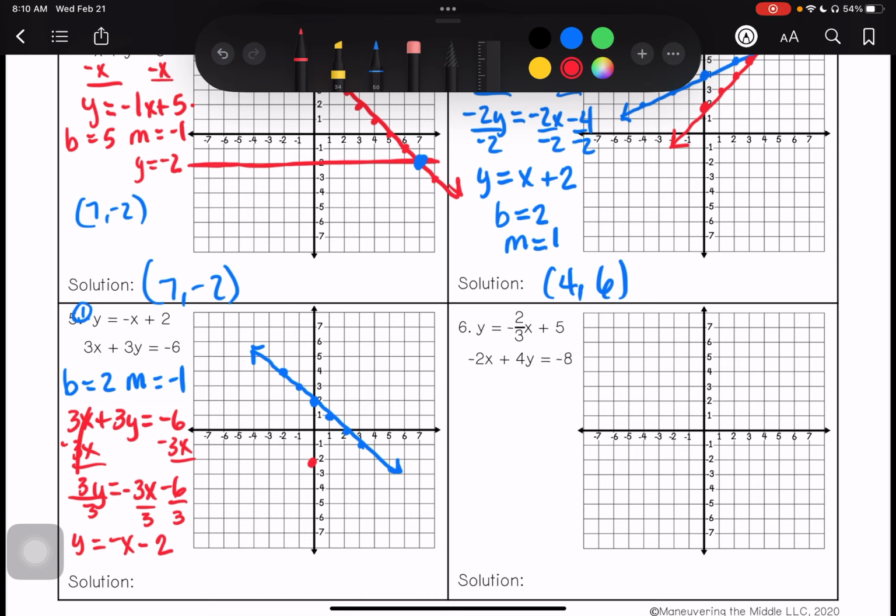My slope is negative 1, so I'm going to rise and go to the left. And as you can see, I should have no solution because my slopes are the same. The slopes are negative 1 and they have different y-intercepts. So for this answer, it's no solution.